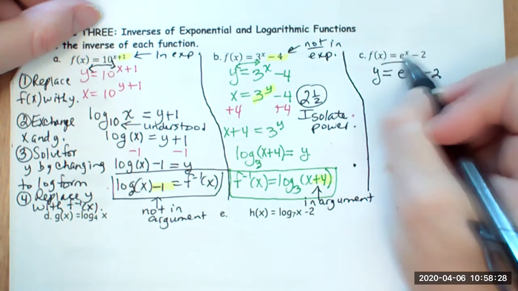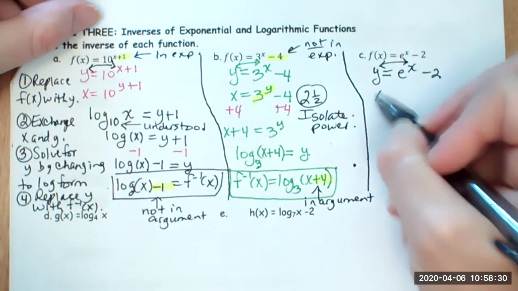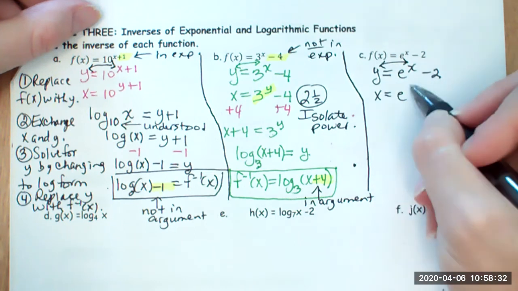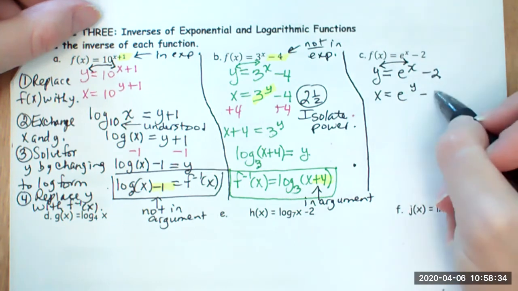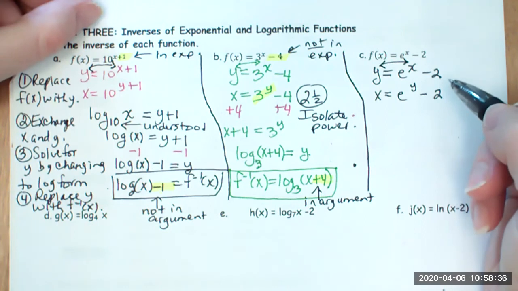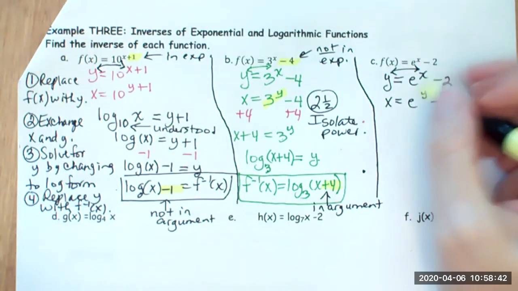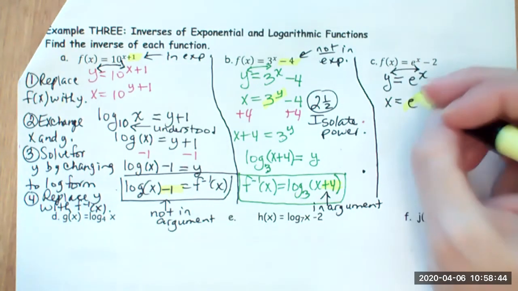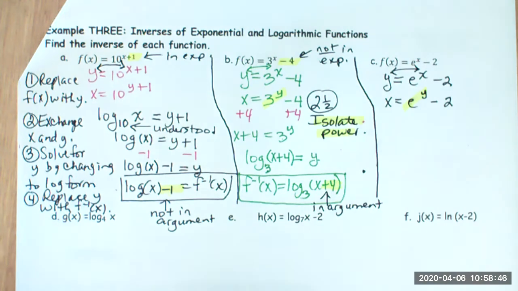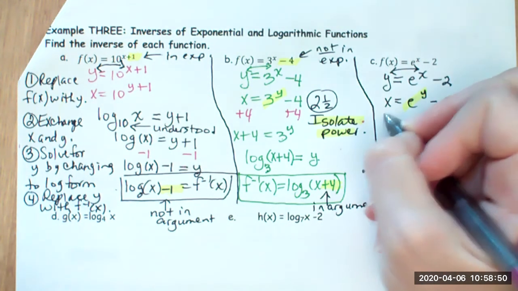Let's exchange x and y. So we've got x equals e to the y minus 2. Again, I need to do step 2.5. I need to isolate that power. I'm going to add 2 to both sides.